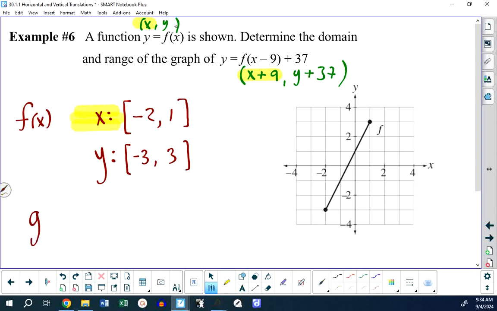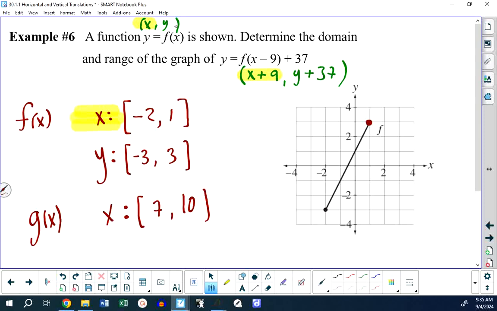So the new function, which I'm going to call g of x even though we don't have it in the question, will have a domain of 7 comma 10. So the minimum x was negative 2, but everything shifted 9 to the right, so I add 9 to negative 2 and get 7. The maximum x was 1. If I take this point here and I shift it 9 to the right, it's going to be over at 10. It's also going to have a vertical change, but it's going to be at 10.